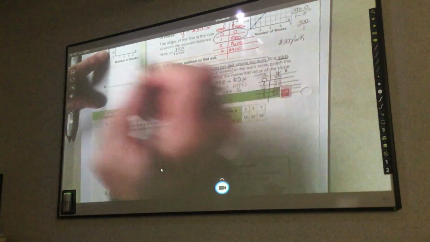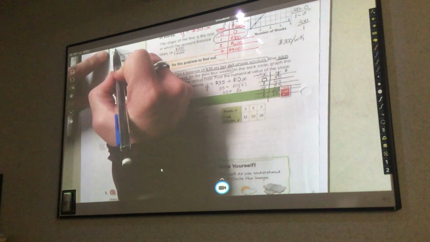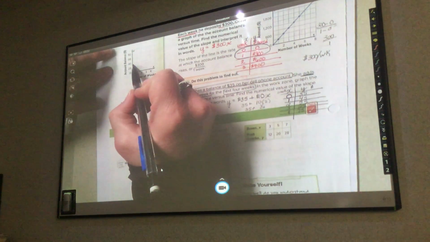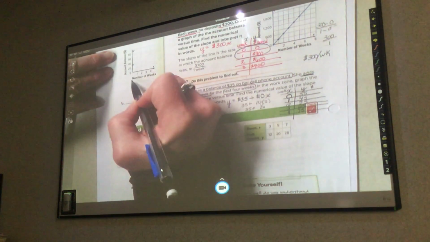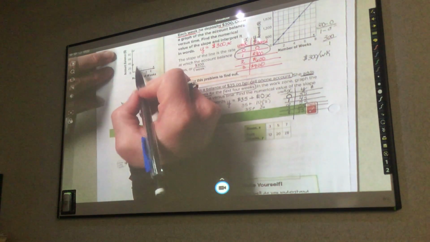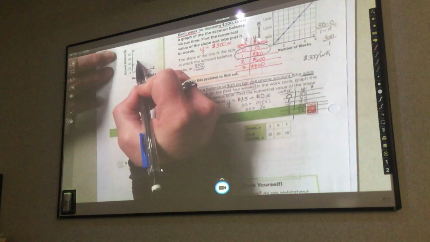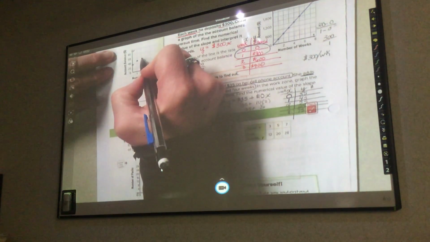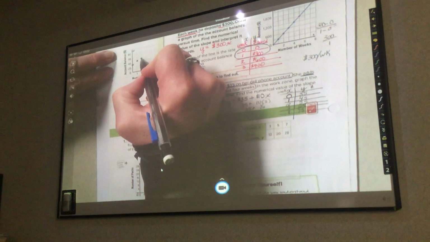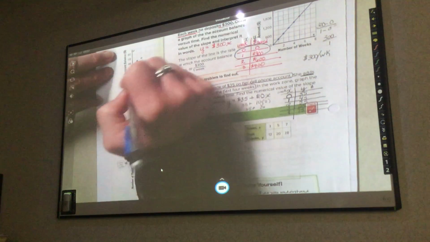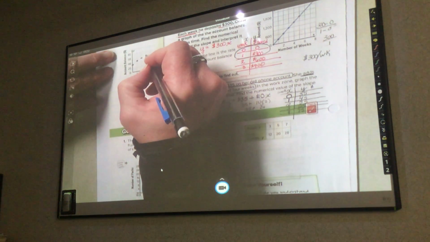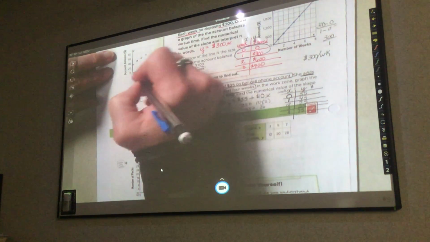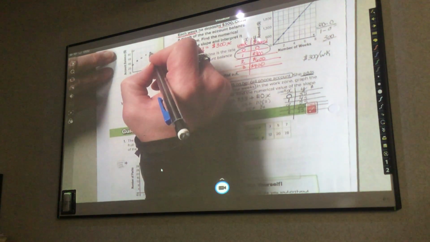So we need to come over here and graph it. 0, 35. Here's my 0, and about here is 35. 1, 45, over 1 up to 45. 2, 55, over 2 up to 55. 3, 65, over 3 up to 65. 4, 75, over 4 up to 75.